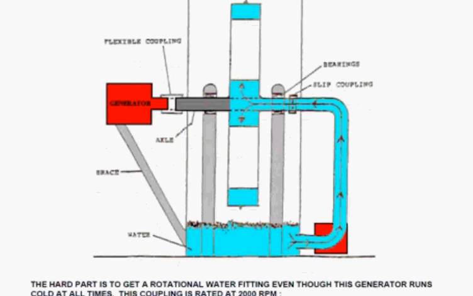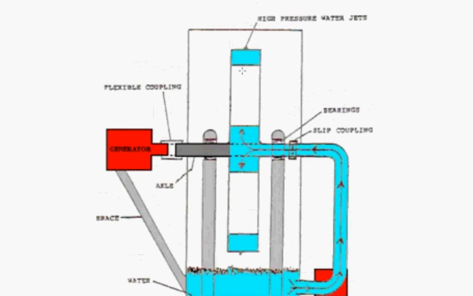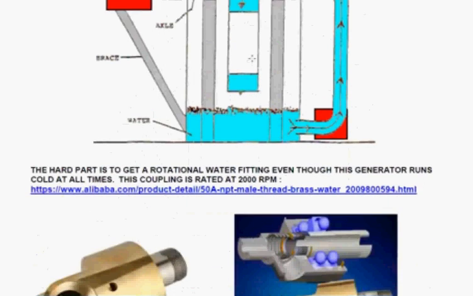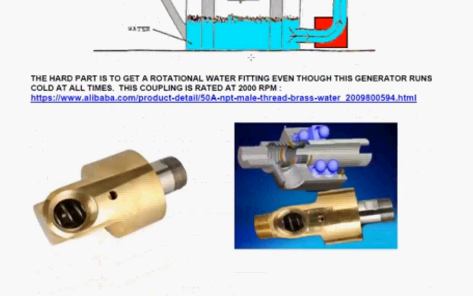What happens is the water is taken from the sump, pulled round by the suction inside the disc, and the disc gets the water pushed out through the nozzles at the edge. The hard thing of this particular design is to get a rotational water fitting.